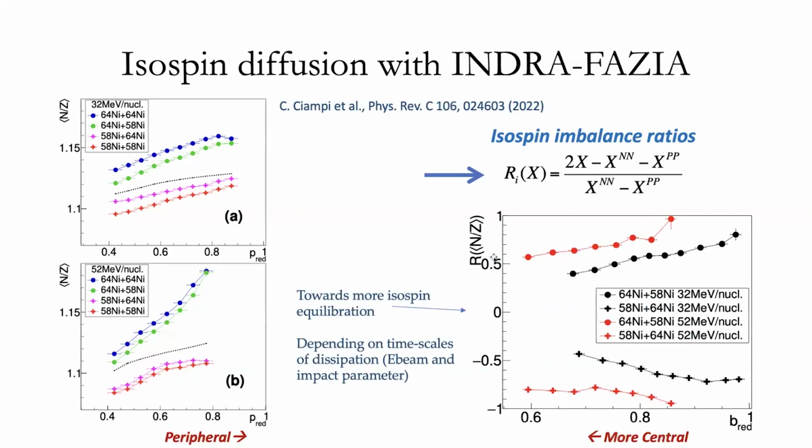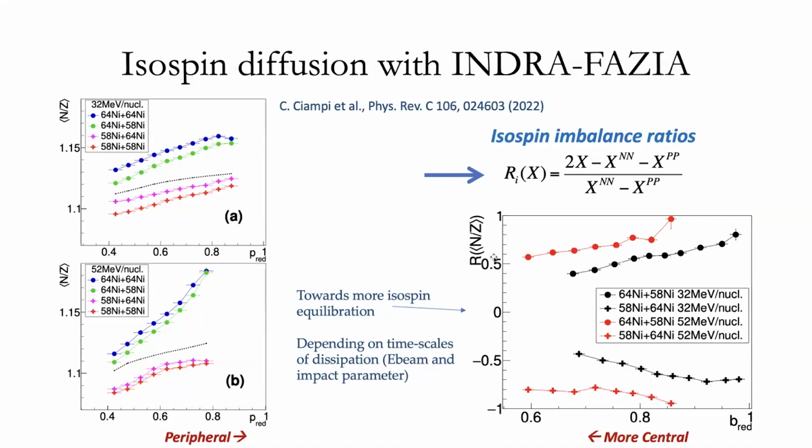At the higher beam energies, the isospin difference is even more because you have less mixing. At higher energies the reaction is faster, so you have less time to share N and Z between projectile and target, and you cannot reach the same degree of equilibration as with the lower beam energies.